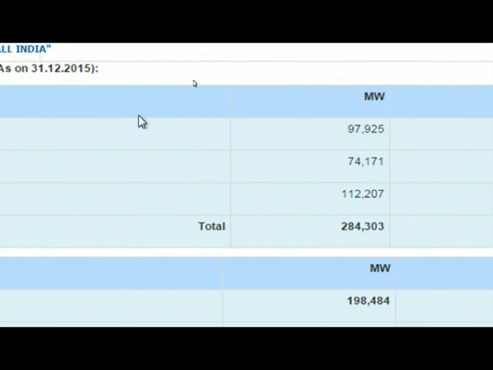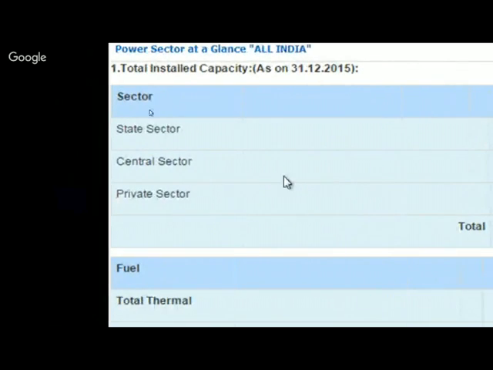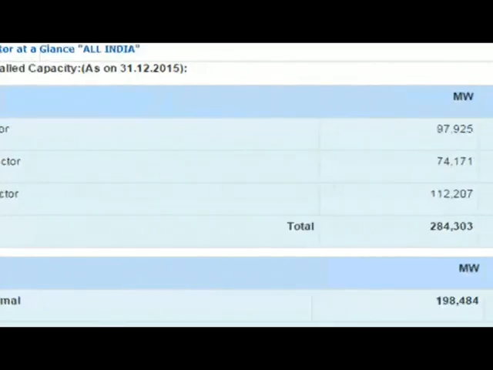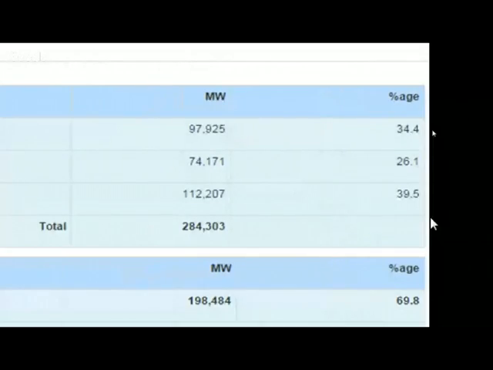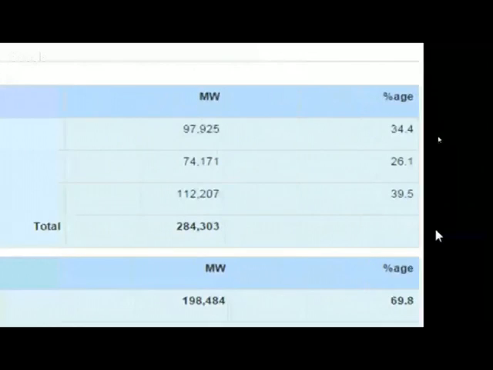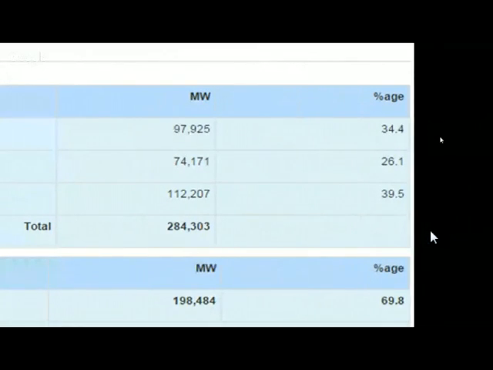You can see here the state sector is around 97,925 megawatts. Then the central is around 74,171, and the private sector is 1,12,207.